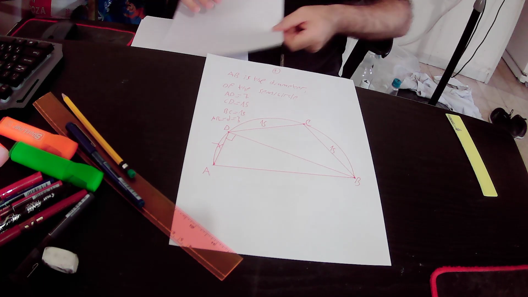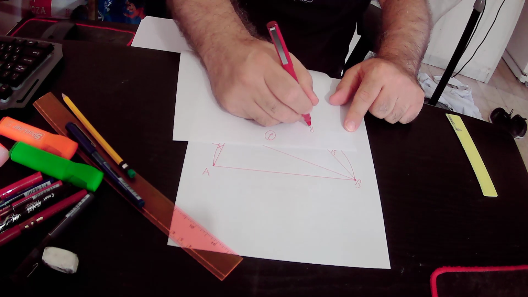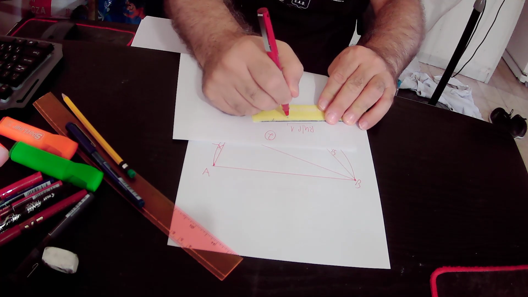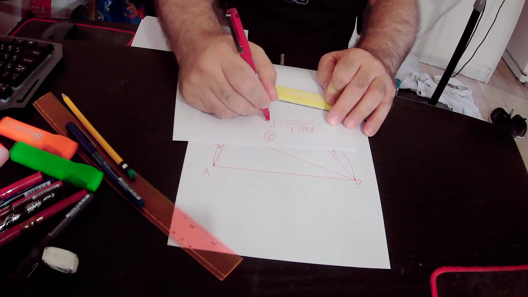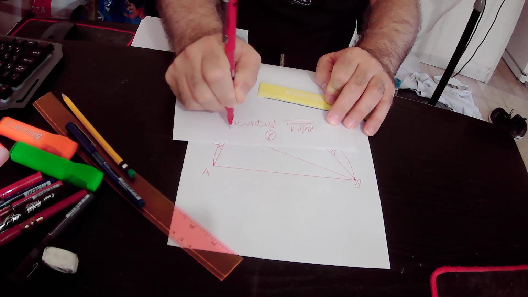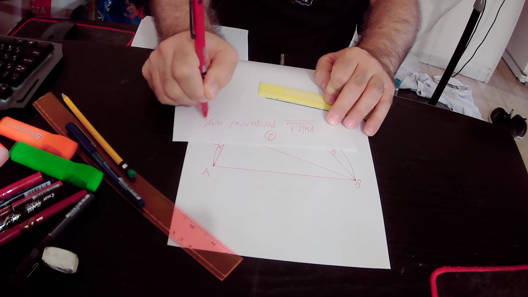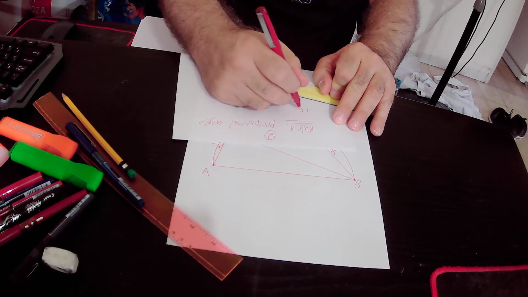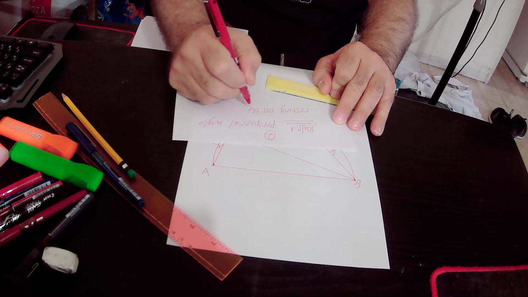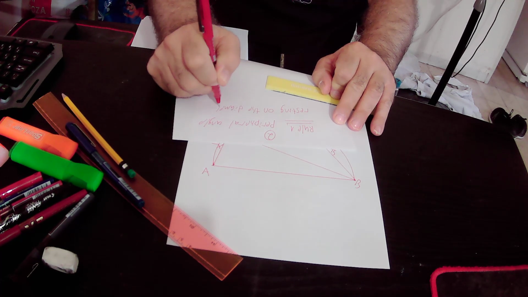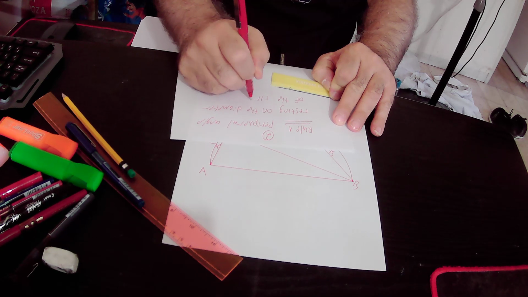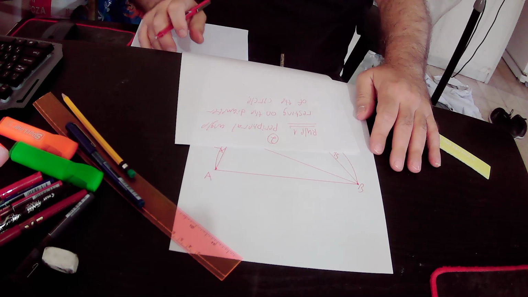Rule number 1 states that peripheral angle resting on the diameter of the circle is equal to 90 degrees.